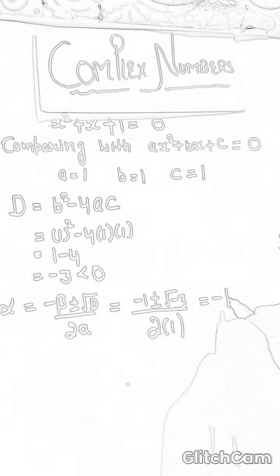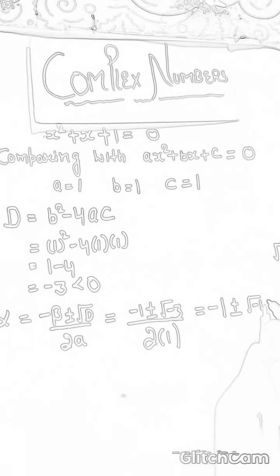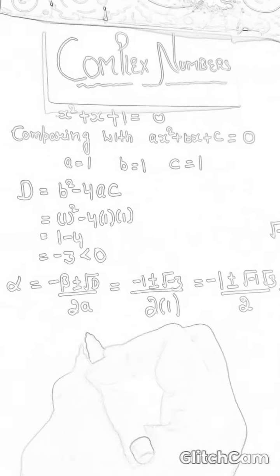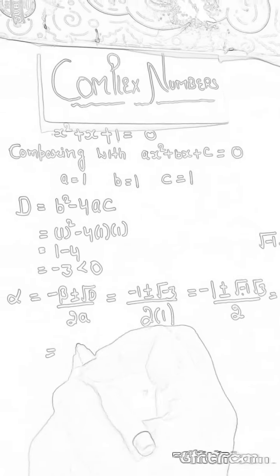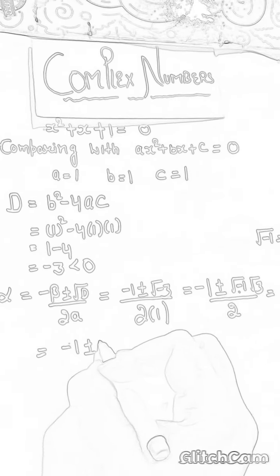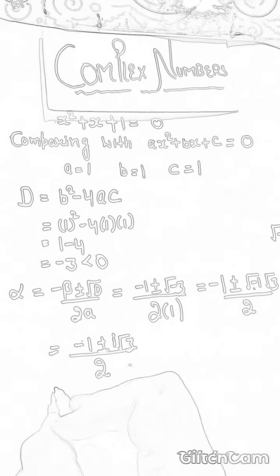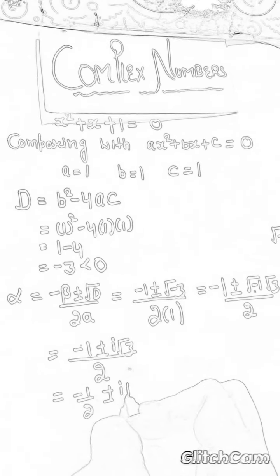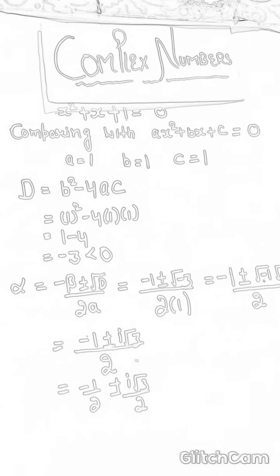Now, here we separate root minus 1 and root 3. I put the value of root minus 1 equal to eta. Then minus 1 plus minus eta root 3 upon 2. So here minus 1 by 2 plus minus eta root 3 by 2 are the roots of this equation.